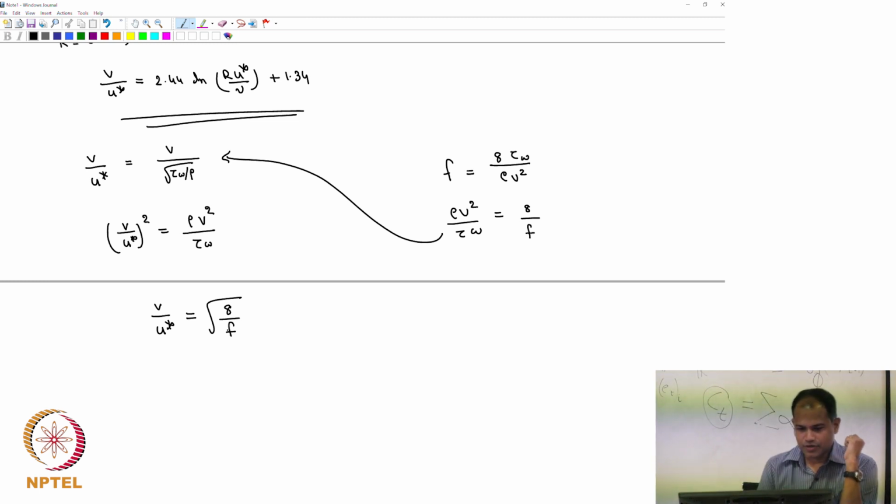And why am I writing this down? Because I already know the expression for average velocity, and the relation between average velocity and friction factor we now know.